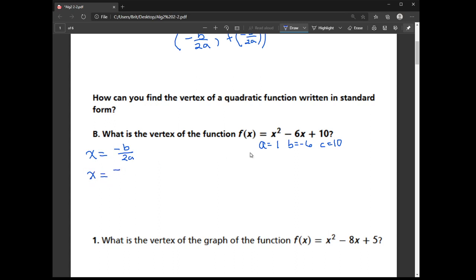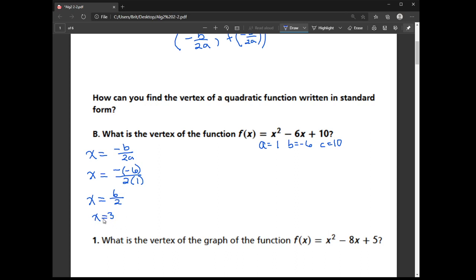So negative, my b is negative 6, over 2 times 1. Now I simplify that double negative, so a negative negative is a positive 6, and 2 times 1 is 2. If I do that division, my x value is 3.